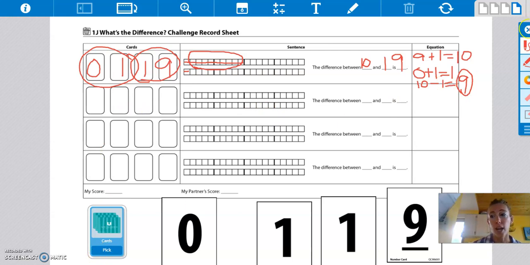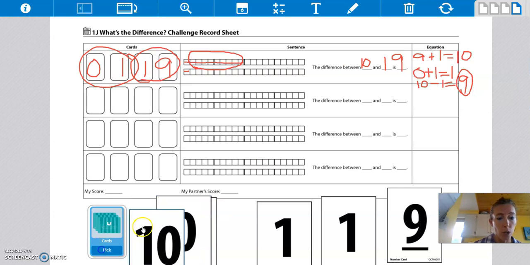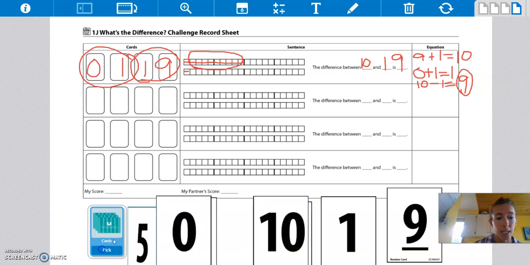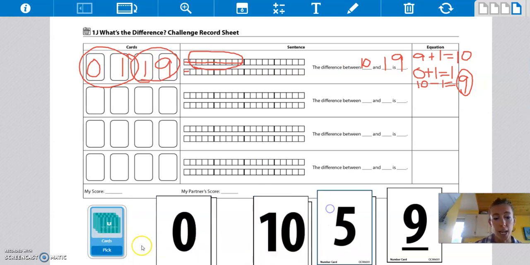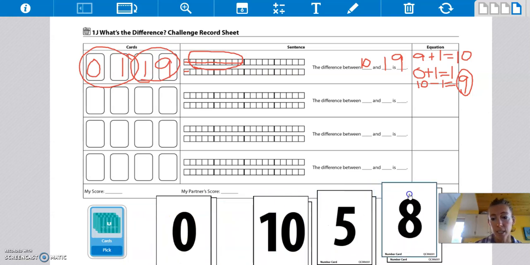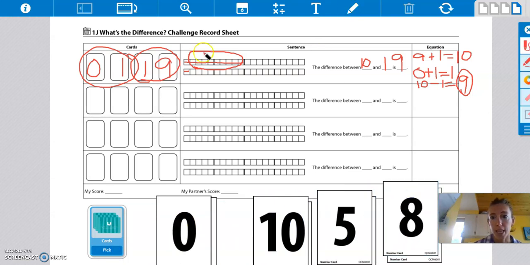Okay? So if I were to attempt it again, here are my next 4 cards. 0, 10, 5, and 8. And I would try that. Now I can add them in any order. It doesn't matter which 2 I pick.